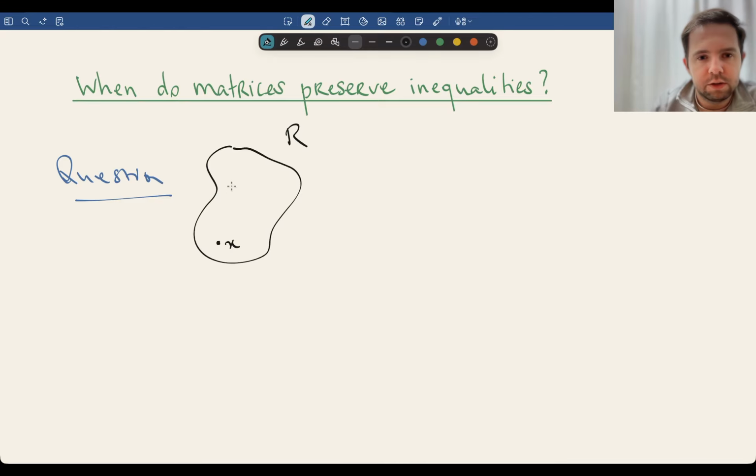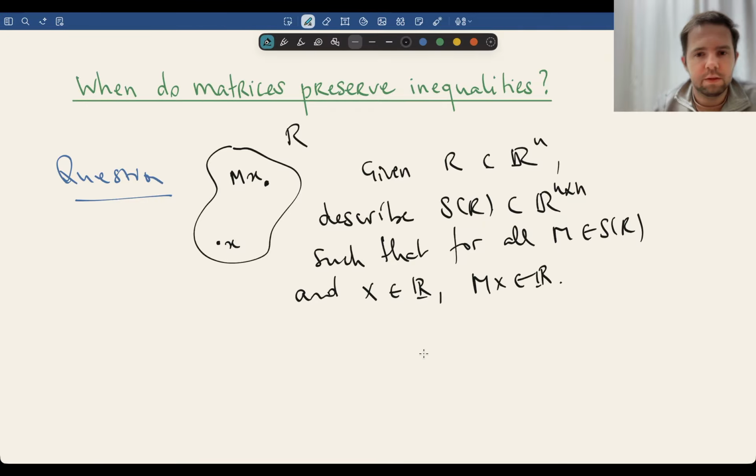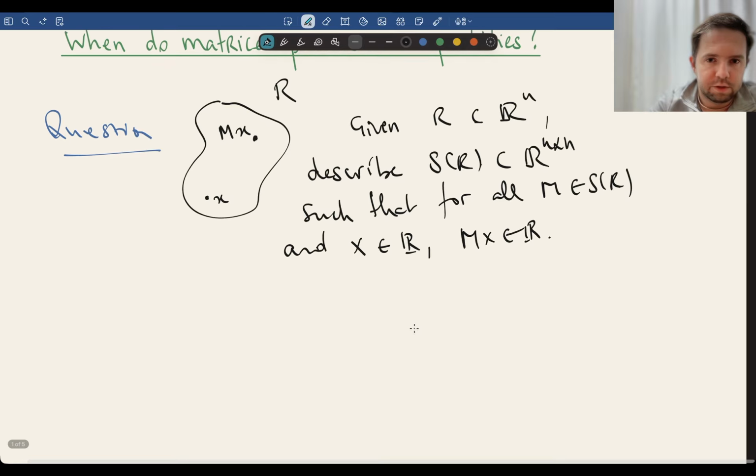So given R, a subset of R^n, describe S(R), a subset of R^(n×n), such that for all M in S(R) and x in R, we have Mx in R. So this is the stability property that I was mentioning before.